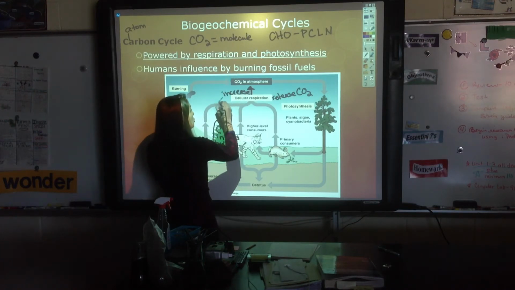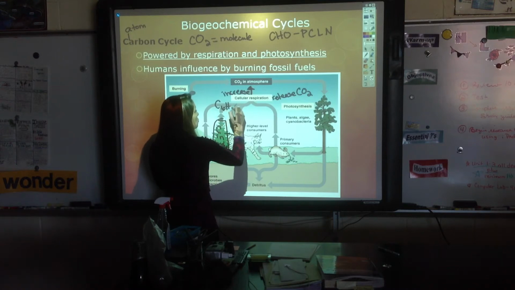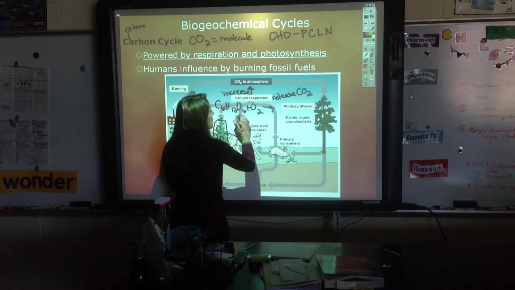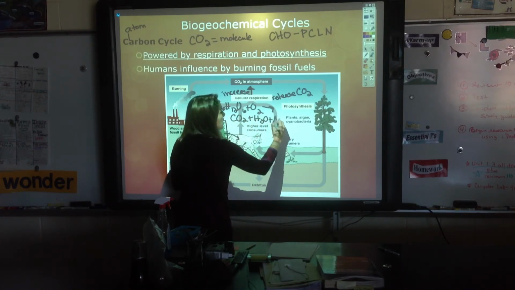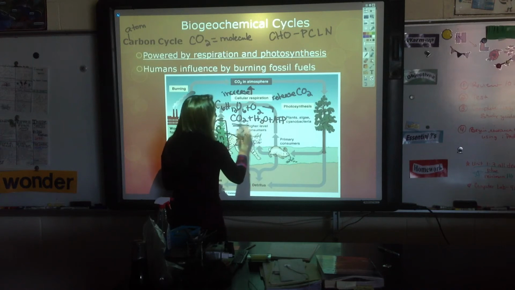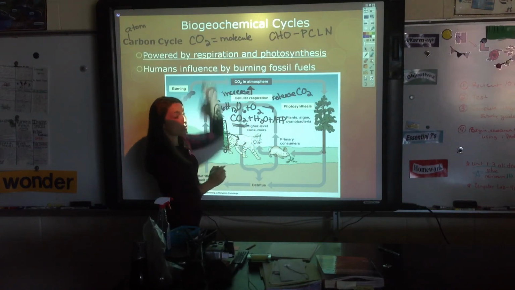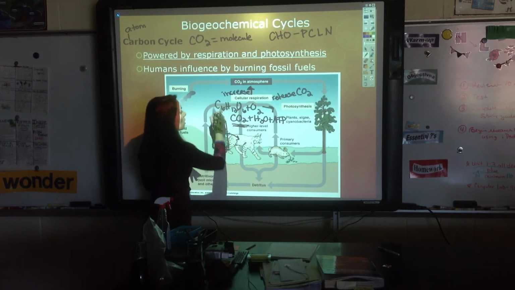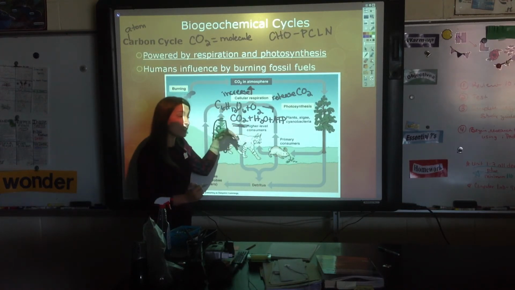Remember that equation, C6H12O6 plus O2 produces CO2 plus H2O plus ATP. We're making CO2, and that CO2 gets released into the atmosphere. So when we talk about carbon, we start with a carbohydrate, we break it down and release carbon dioxide.